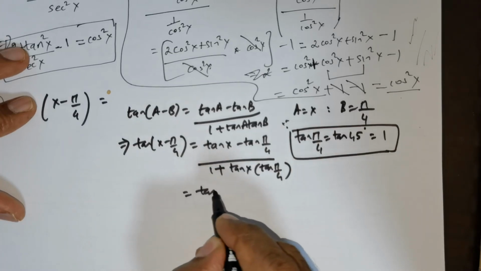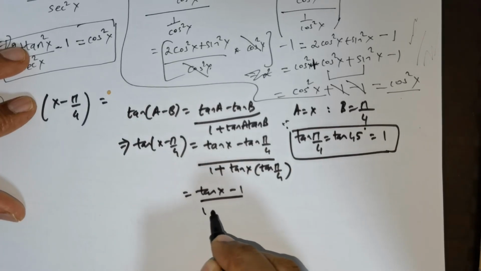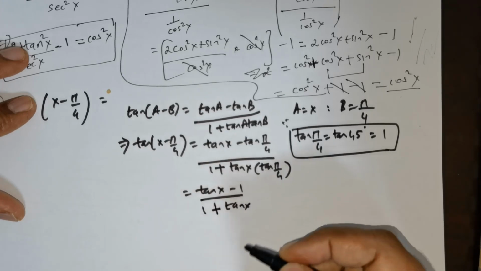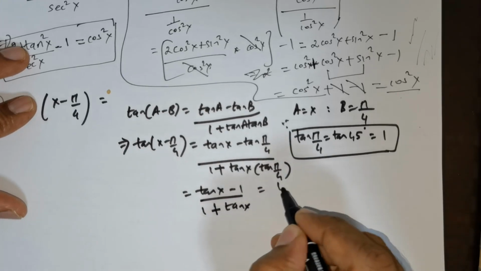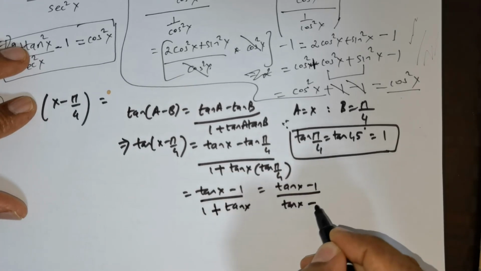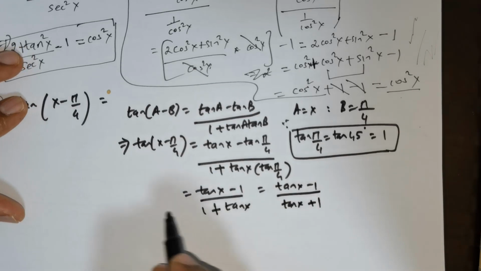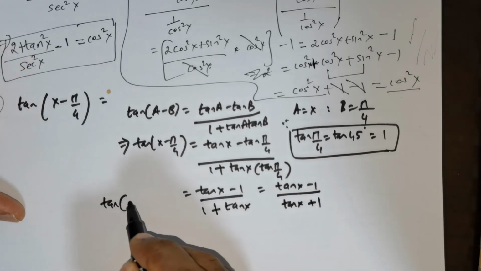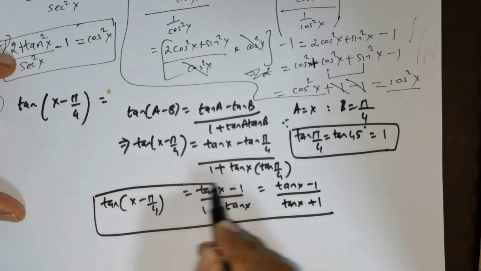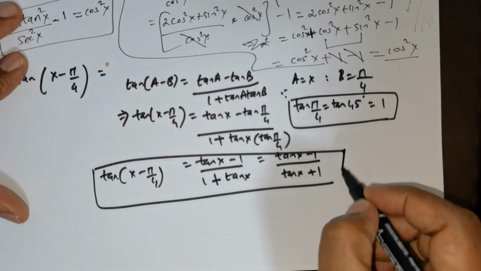So that would mean we got tan x minus 1 divided by 1 plus tan x, right? Now you can rewrite this as tan x minus 1 divided by tan x plus 1. And what is that? That's nothing but tan of x minus pi over 4. So this is an all important result.